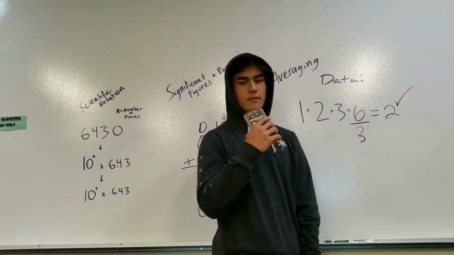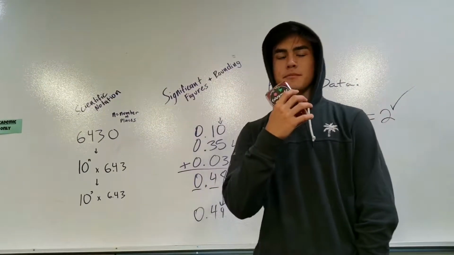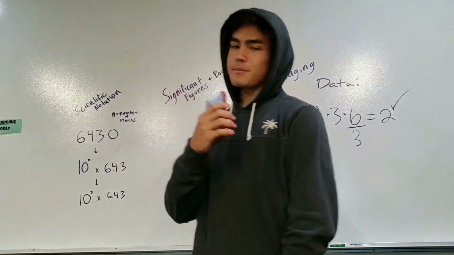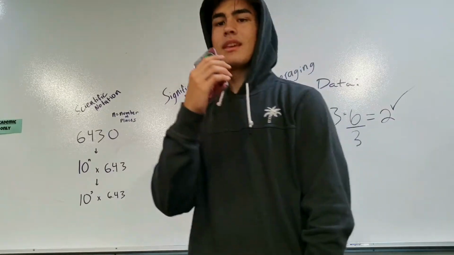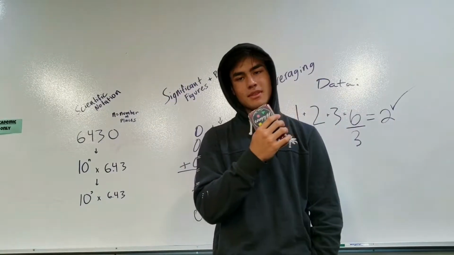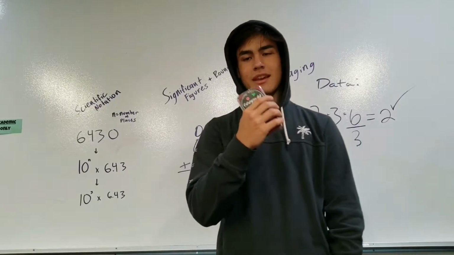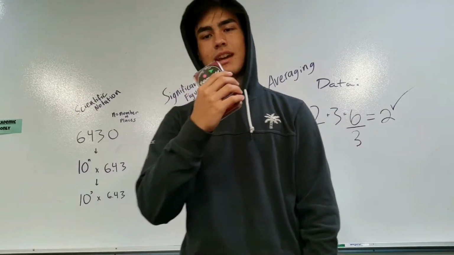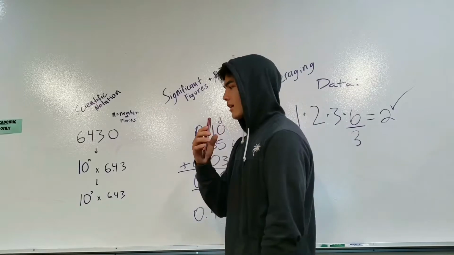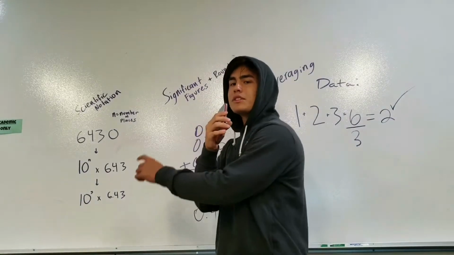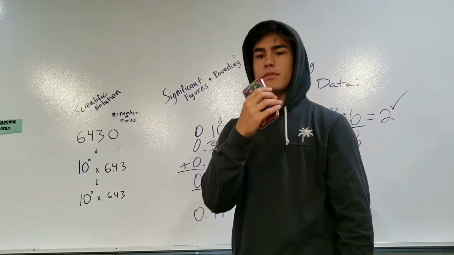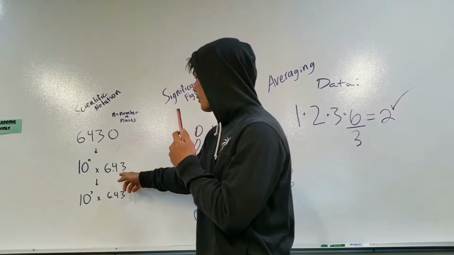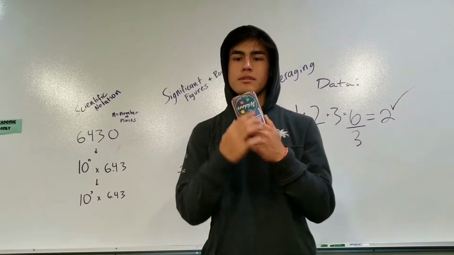Back to me. Averaging, rounding. Love my data, like my chocolate. Exactly, precisely, accurately. Got a number way too big? Cut it down. Move that point until the ones.